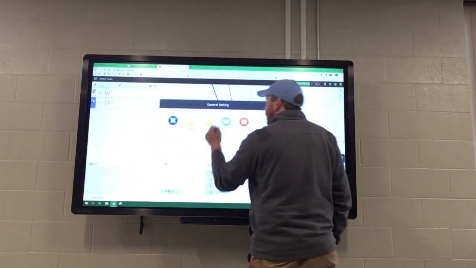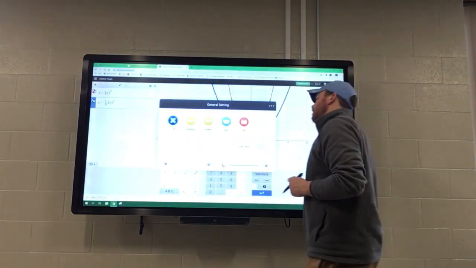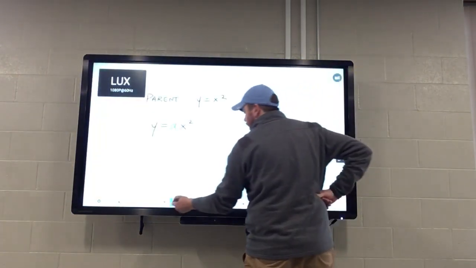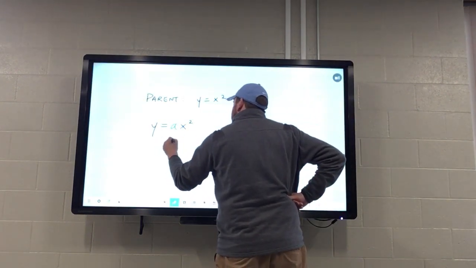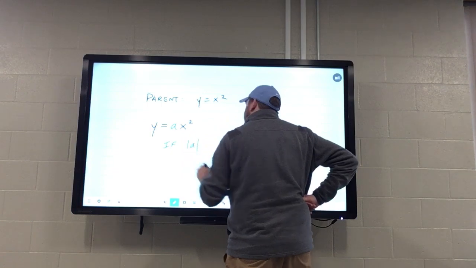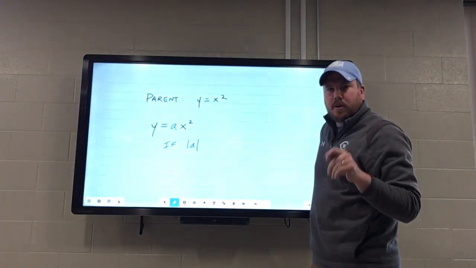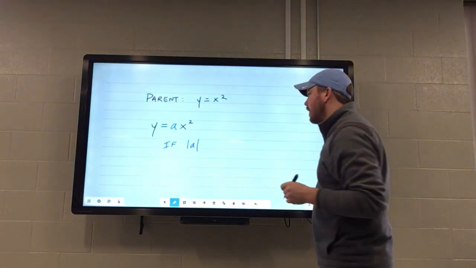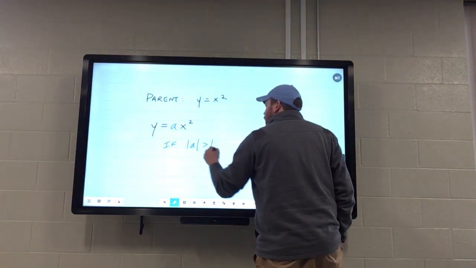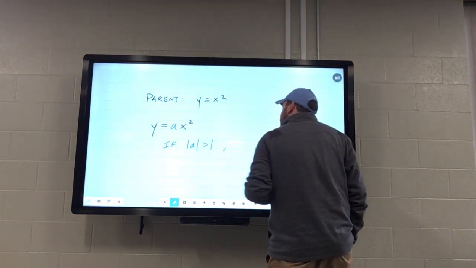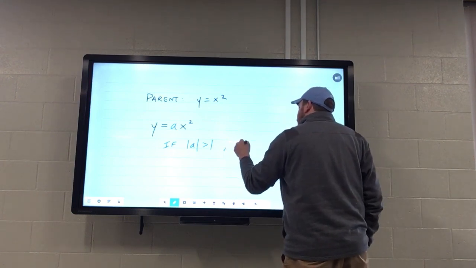So, we can generalize this for our notes as follows. If the absolute value of a, notice I used absolute value. We'll come back to why I used absolute value in just a moment. If the absolute value of a is greater than 1, the parabola will get more narrow.